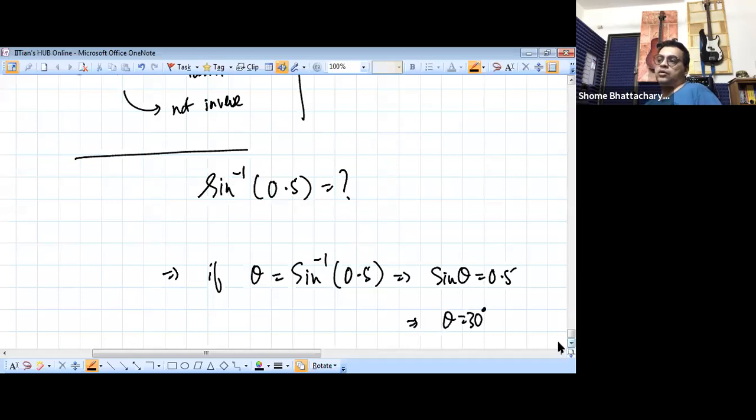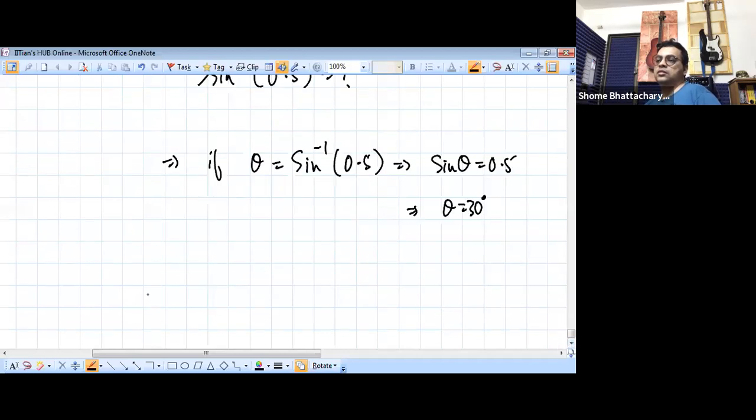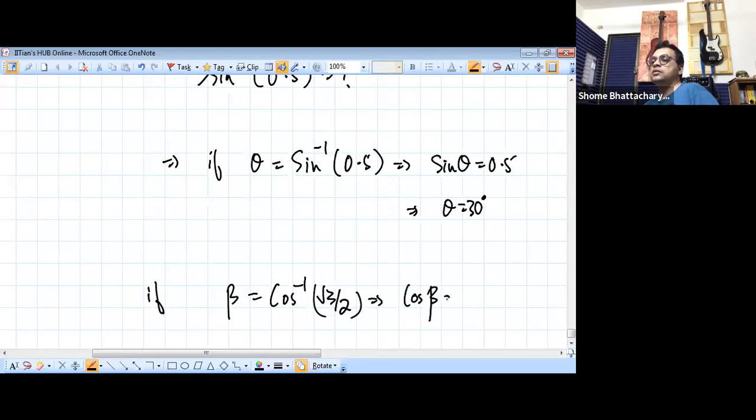Or if I say beta is equal to cos inverse of root 3 by 2, it means that cos beta is equal to root 3 by 2. So it means that beta is equal to 30 degrees again.